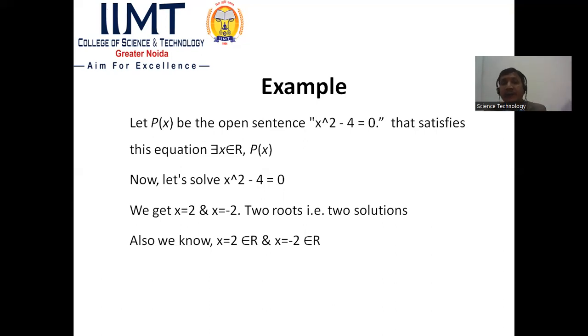So we are using the symbol there exists x belonging to R, P(x) is true. So this serves as an example of existential quantifiers.